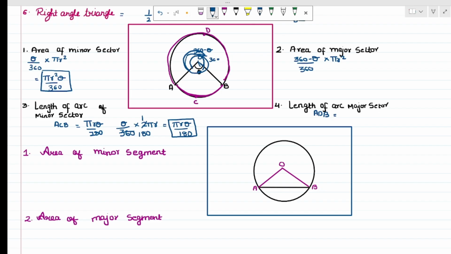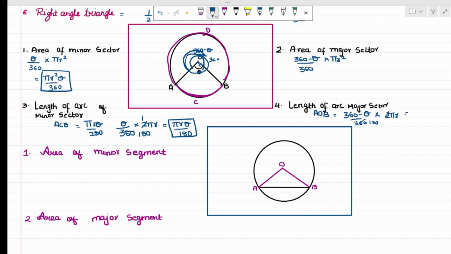As I know that my angle over here is 360 minus theta, I will write 360 minus theta upon 360 times, again, this is on my boundary. Boundary means the circumference will be used, that means 2 pi r. Now cancel this out.